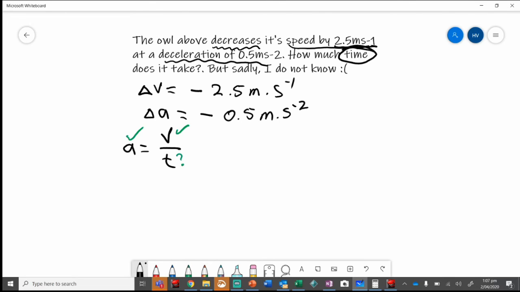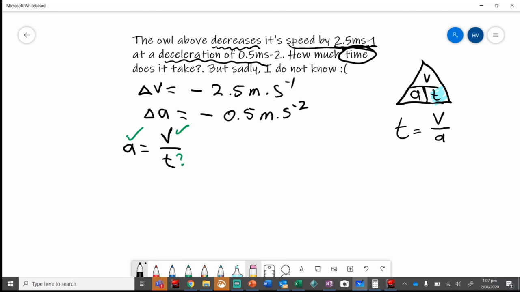You can use your triangle method: draw your triangle with v at the top and acceleration and time at the bottom, then block out time. That means time equals velocity over acceleration.